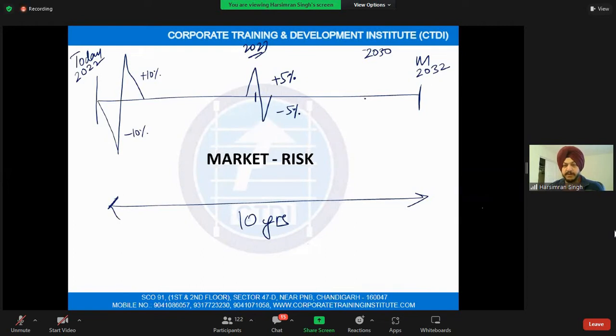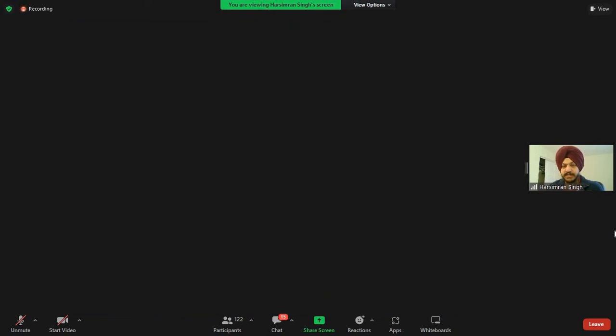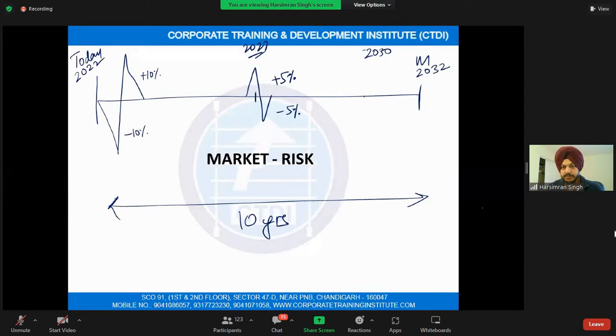So if modified duration is 2 years and change in yield is 1%, the price will fluctuate up or down by 2%. Do you remember or not? And on the date of maturity, duration is 0. Even if the yield changes, there will be no fluctuation in the price.